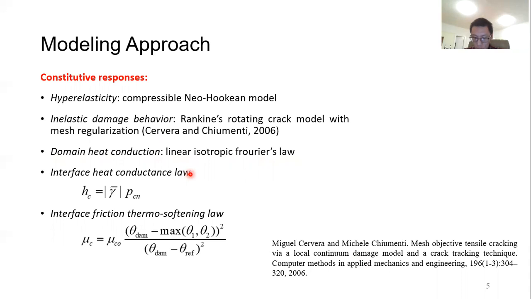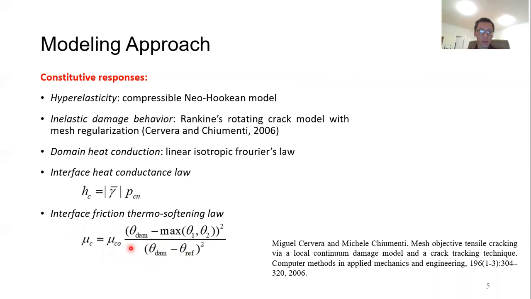Since the contact response is very important in our framework, I would like to emphasize the thermal contact constitutive laws. One is for the contact conductance Hc. This is dependent on the normal contact pressure Pc related by this constant gamma bar. The other one is for the frictional coefficient mu c. We assume that it can vary according to the temperature, maximum temperature on the contact surface.